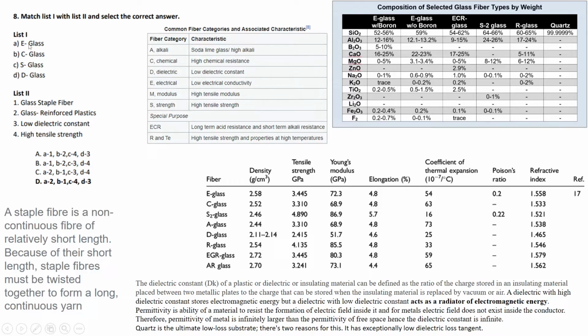Then when we see E-glass fiber, it is a very commonly used fiber, and we know that E-glass fiber is used quite commonly in glass fiber reinforced plastic materials, and therefore E-glass would be matched with 2, that is glass reinforced plastics. Then C glass is chemically resistant.